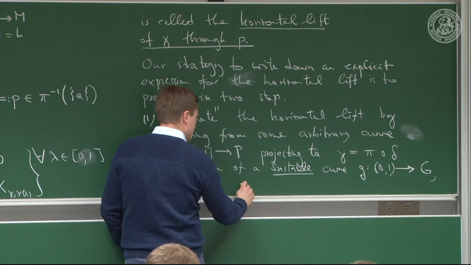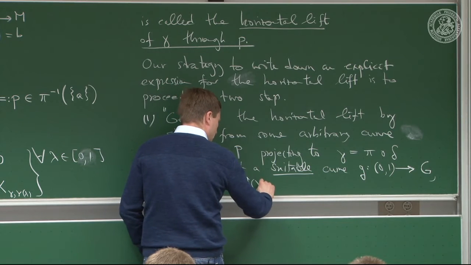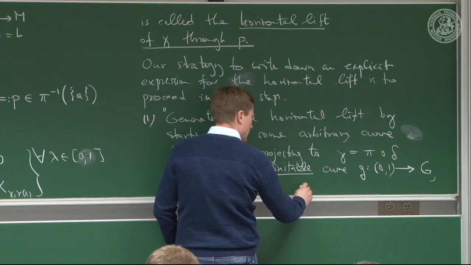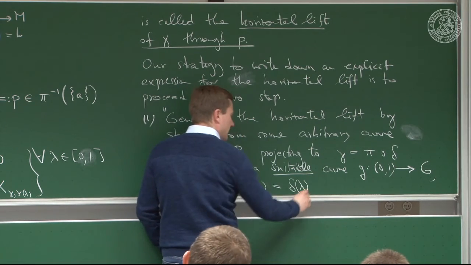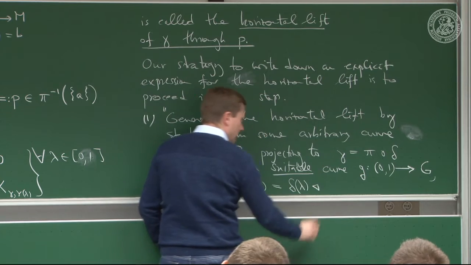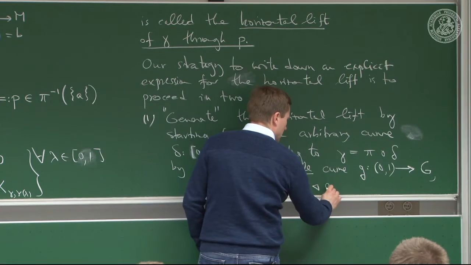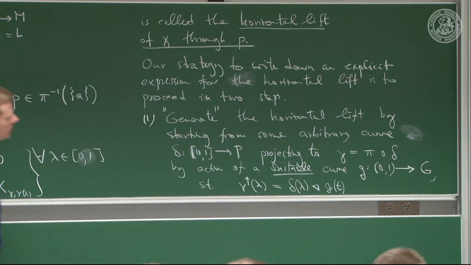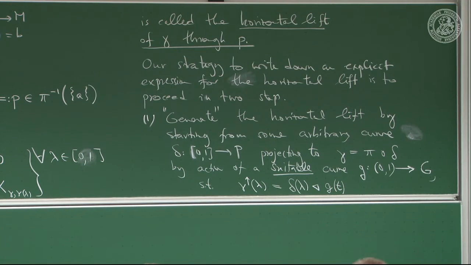Namely such that the horizontal lift at a certain parameter value lambda be given by the arbitrary curve delta there, but then moved within the fiber at each point by the value of the curve in the group G of t. Okay?